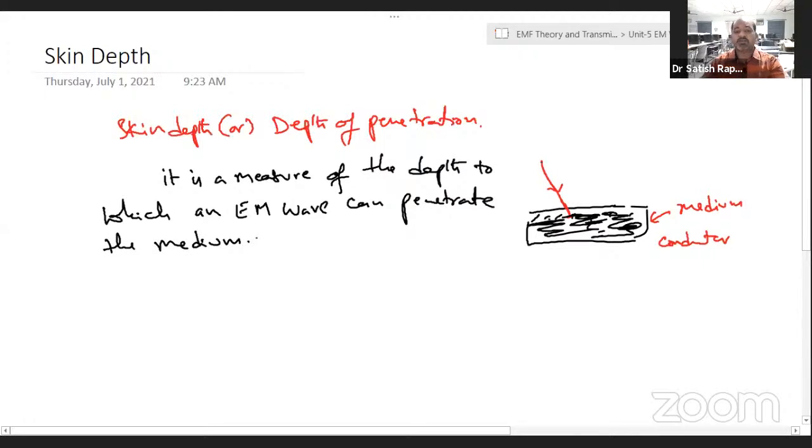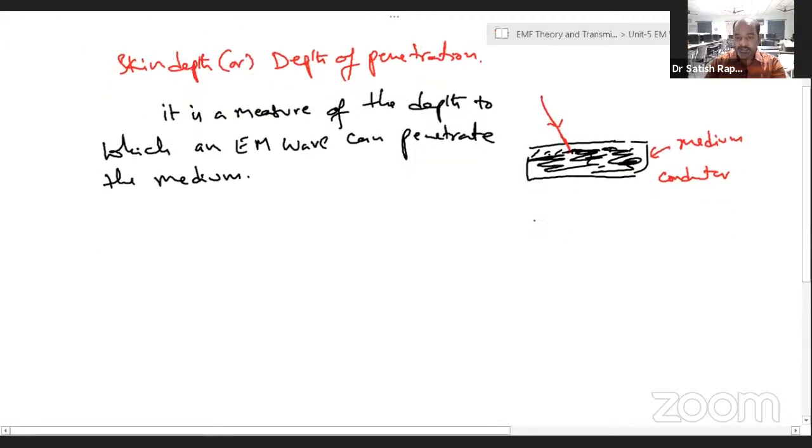That is called the skin depth or depth of penetration.